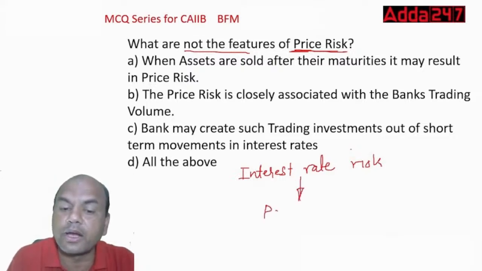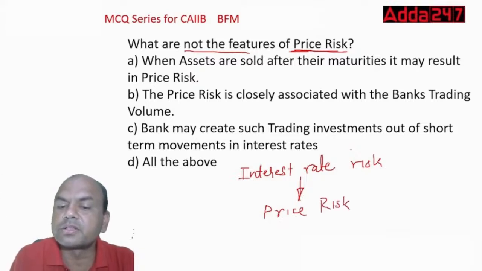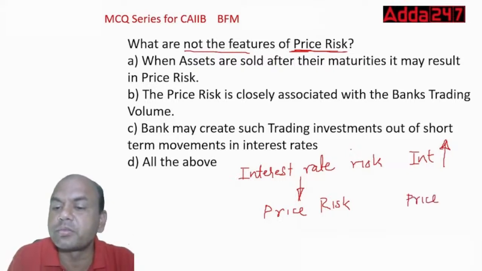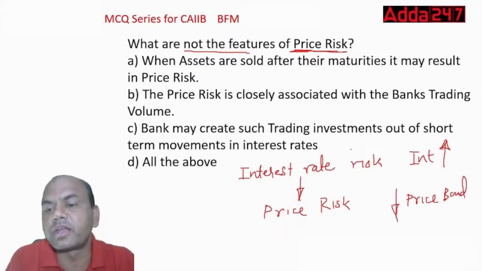Both of them go hand in hand. The logic is if the interest rate, let's say the repo rate, goes up, the price of the bond will go down. So interest up, price down. Interest down, price up.